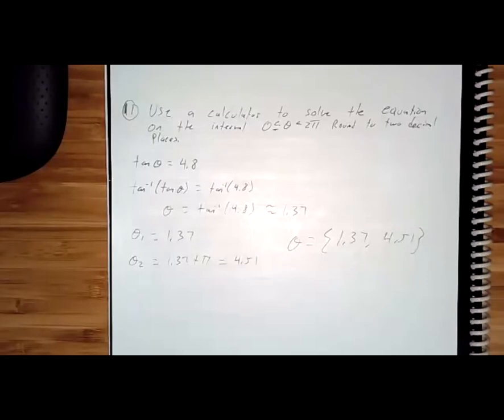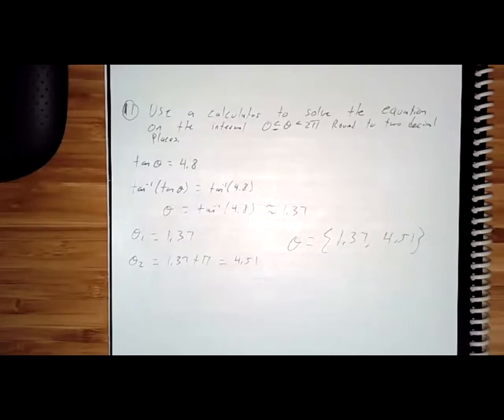Excuse me, sir. So you always add pi for a tangent? Yeah, for tangent. Okay. Do you ever subtract pi? No, I don't think so. I was trying to think of an example where that would happen, but no. Because it would end up being negative.